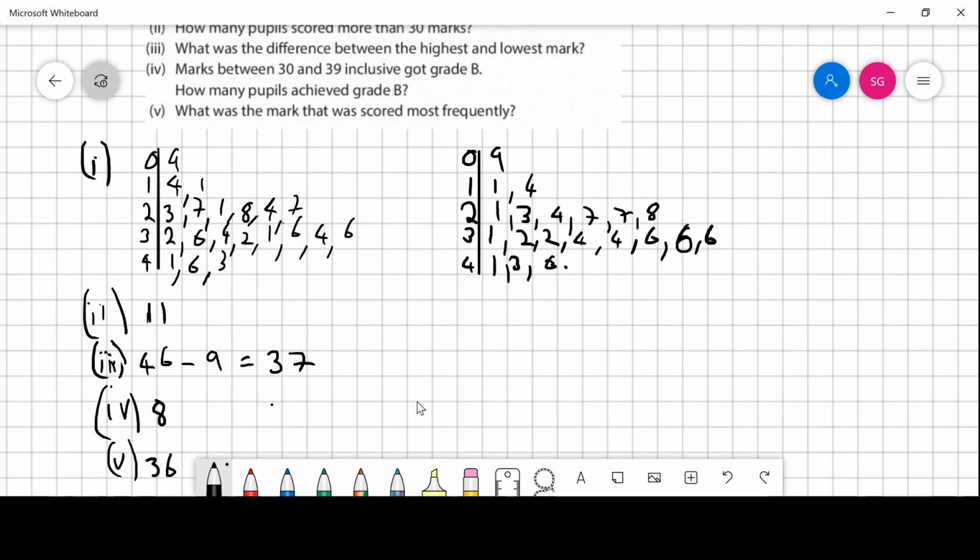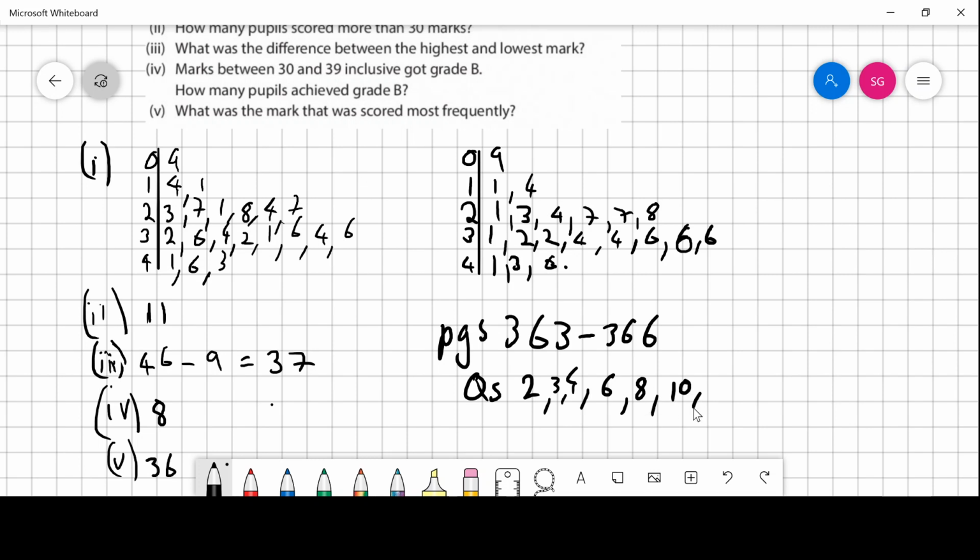Great. So, girls, for homework, what I'm going to ask you to do is, on pages 363 through 366, do questions 2, 4, 6, 8, 10 and 12.